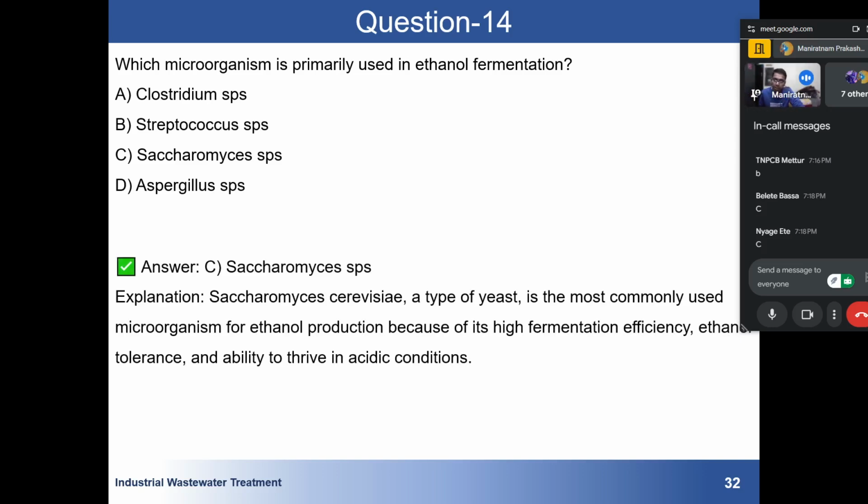Yes, the correct answer is, I am not able to pronounce it, but I will call it SS. It is the most commonly used microorganism for ethanol production because of its high fermentation efficiency, ethanol tolerance, and ability to thrive in acidic conditions.